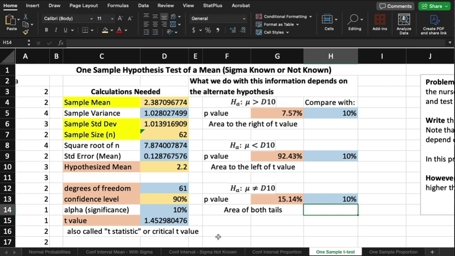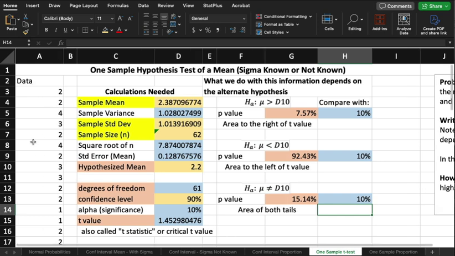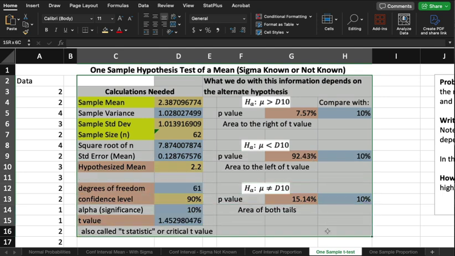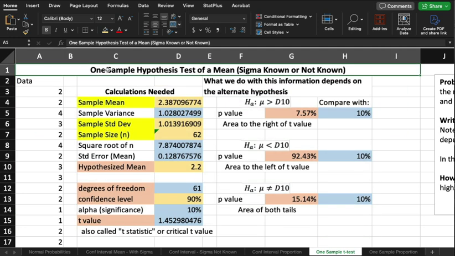And in this video, I just want to go over how this spreadsheet was created. I don't want to talk about the specifics of the problem that we're solving, but just talk about how this spreadsheet was created. And draw your attention to the heading at the top.